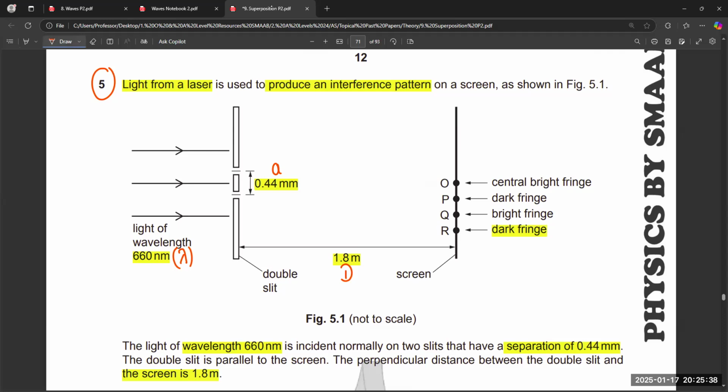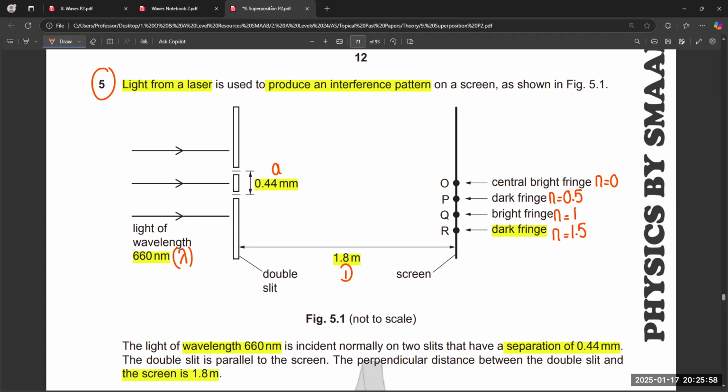So this is the center: 0, 0.5, 1, 1.5. Very simple. So the order of point R is 1.5.